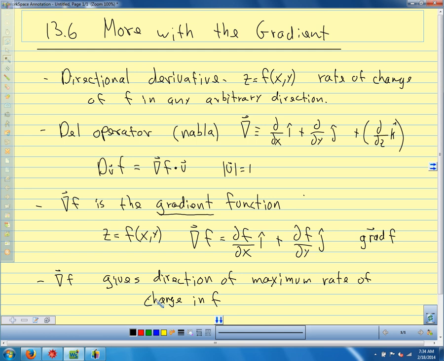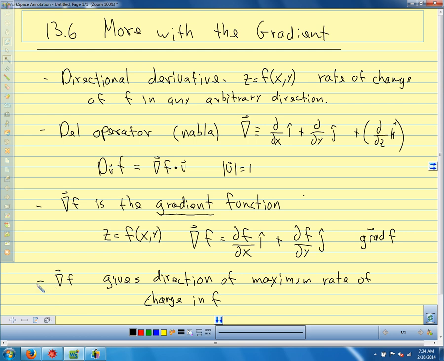So these were our big ideas from Thursday. The directional derivative. We came up with this del operator because in the process of finding a way to calculate the directional derivative, we came up with this quantity. So we treat this del as an operator, and we can write our directional derivative in a nice compact way like this. All right, so before we talk quickly about the proofs of the properties of the gradient, we talked about some properties on Thursday, and those properties are very easy to prove.